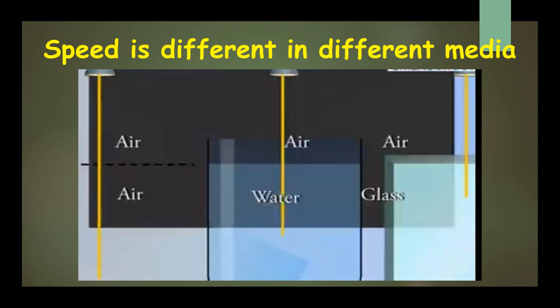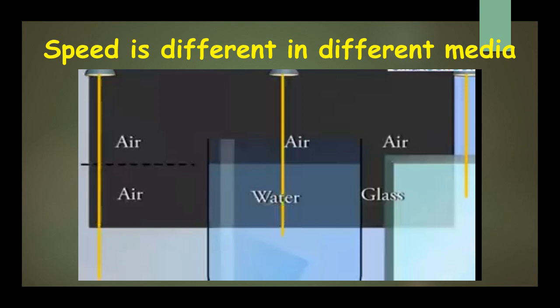Dear students, as we know, speed of light in air is a constant and that is 3 × 10^8 meter per second, and speed of light in water is 2.25 × 10^8 meter per second, and the speed of light in glass is 2 × 10^8 meter per second.